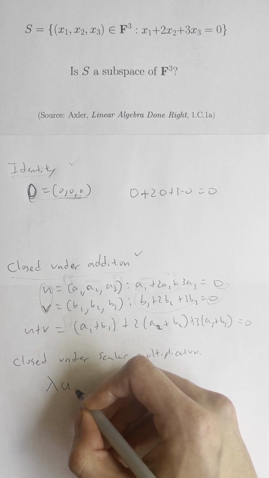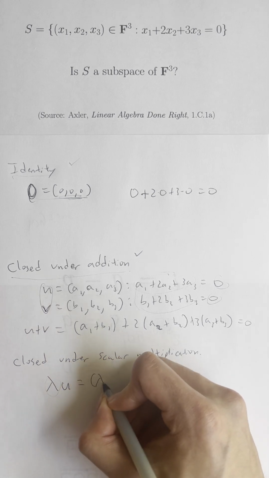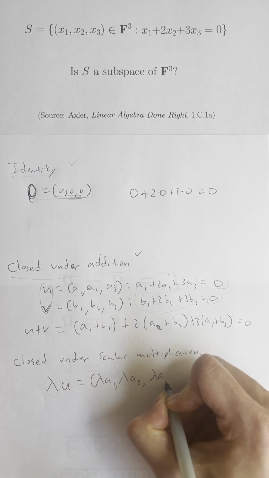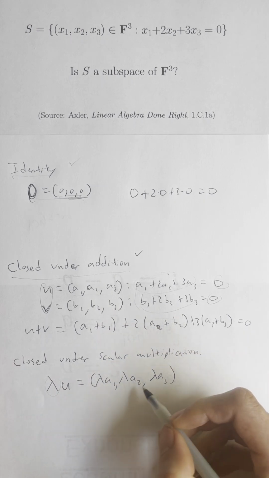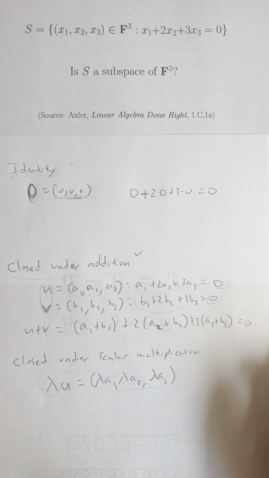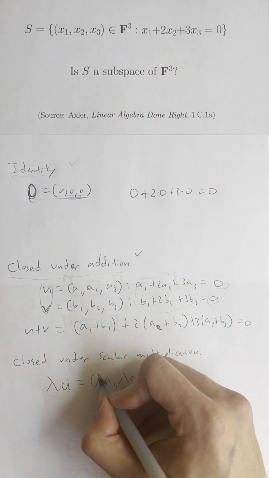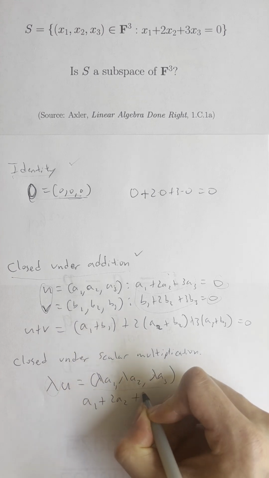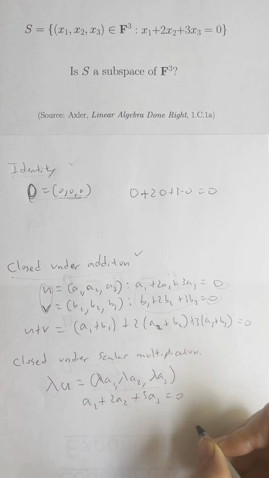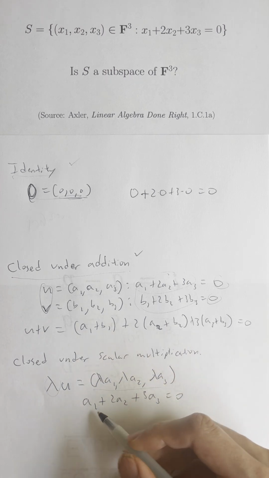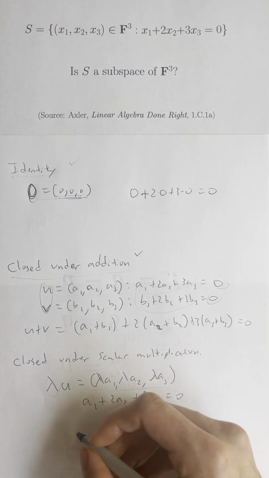So lambda times u is going to be equal to lambda a1, lambda a2, lambda a3. And we need to check if this satisfies this. Does it? Well, we know that a1 plus 2a2 plus 3a3 is equal to 0. If we multiply both sides of the equation by lambda, what are we going to get?